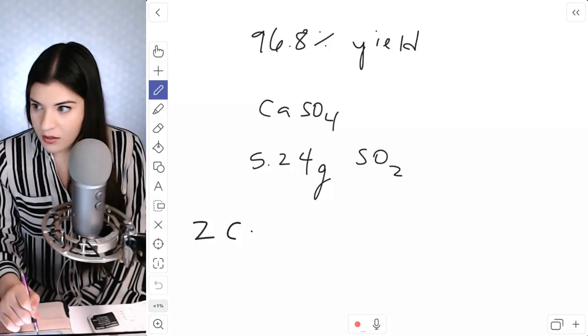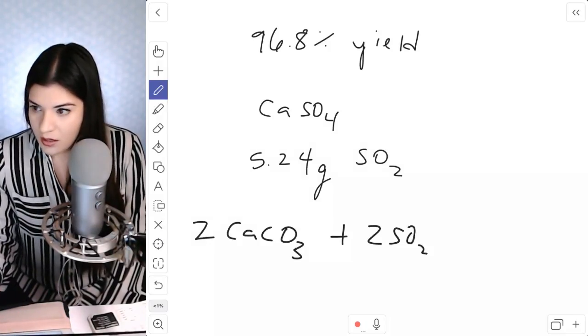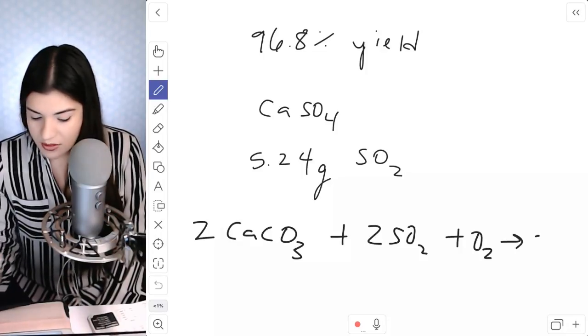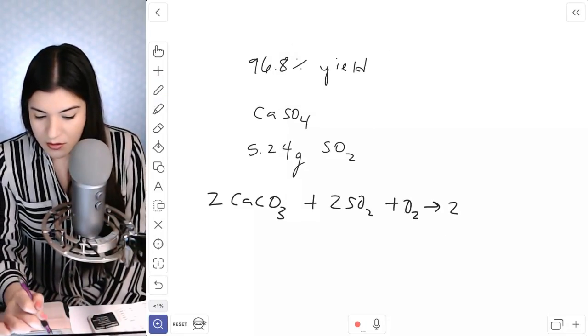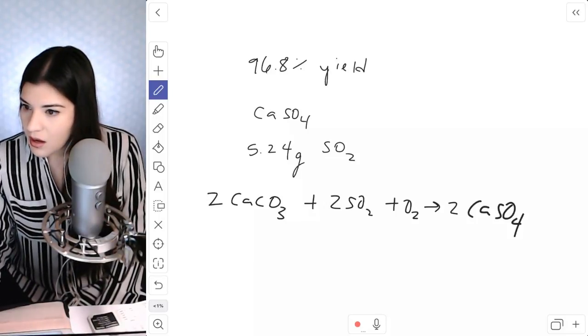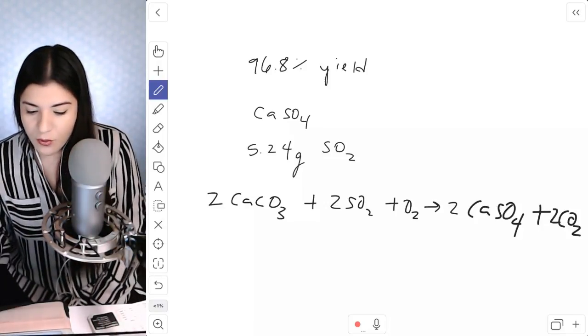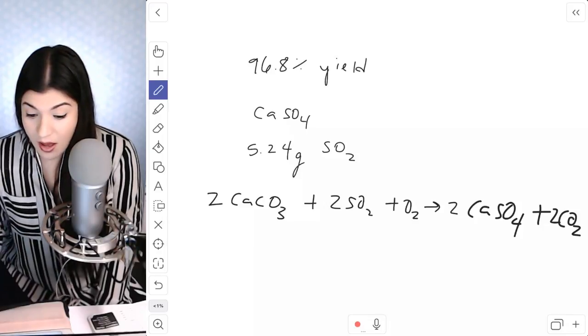So 2 here, just writing out the balanced equation that you provided. O2, and this gives us 2 calcium SO4 plus 2 CO2.